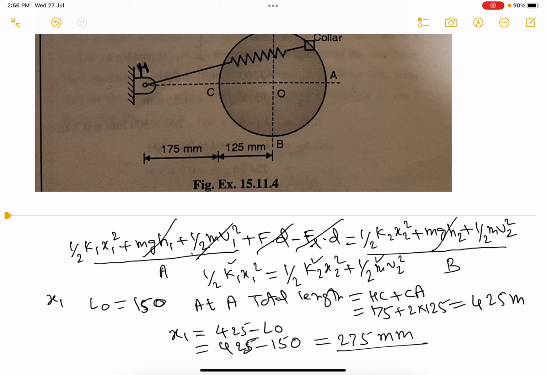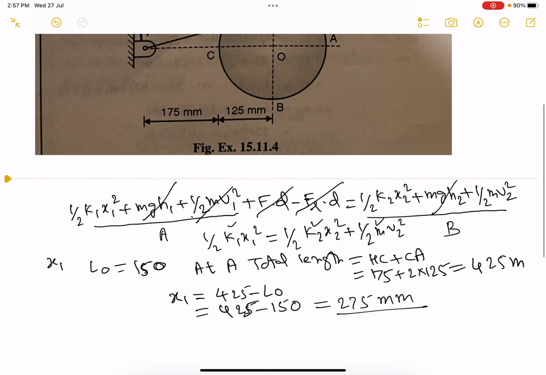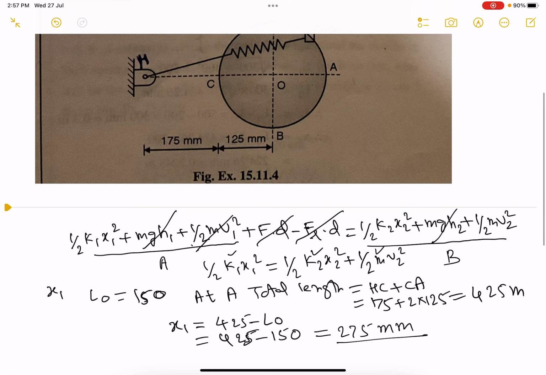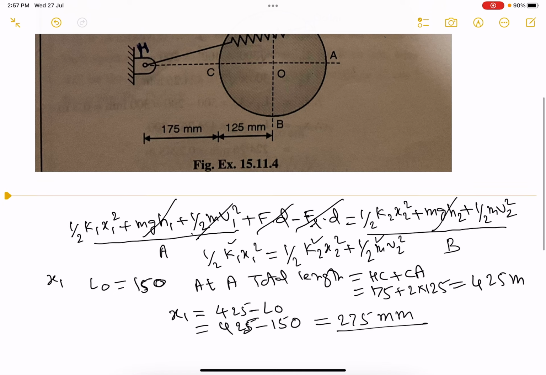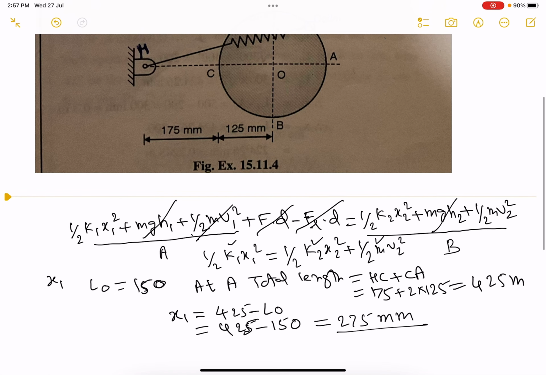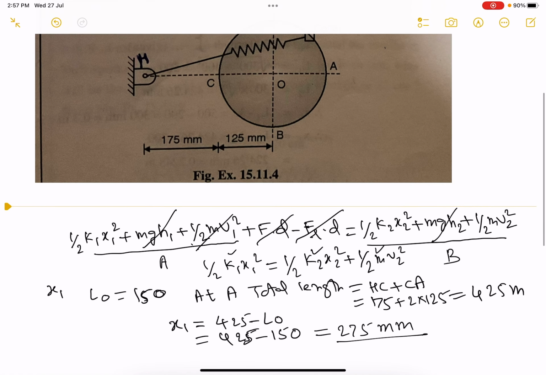What is the deflection of the spring at point B? We have found the deflection of the spring at point A. Now we find the deflection of the spring at point B. To find it, look at this: the spring is connected between H and B.